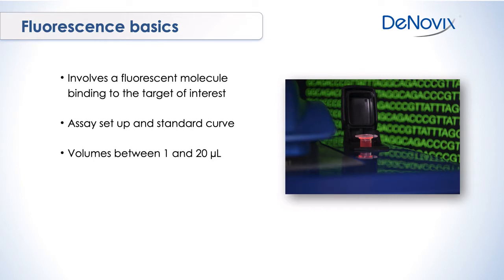In this field with fluorescence quantification, it generally is between 1 and 20 microliters of sample, and usually around 200 microliters total assay volume. And that assay takes place in either thin wall PCR tubes like the one you can see in the picture here, or in microtiter plates if you're using a plate reader for higher throughput measurements.